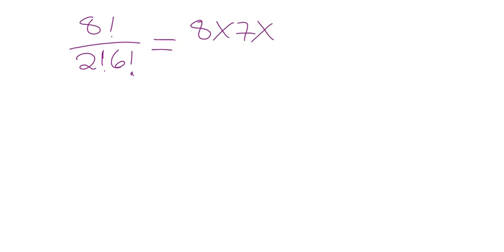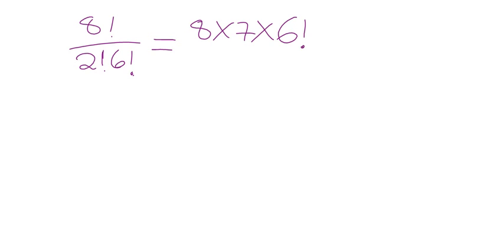Like, what's 8 factorial over 2 factorial 6 factorial? What am I going to write now? I put an exclamation point, right? Because I'm done. I don't want to write anymore.